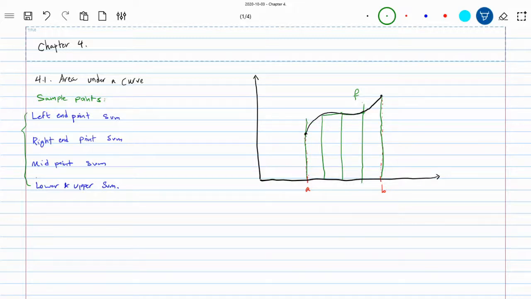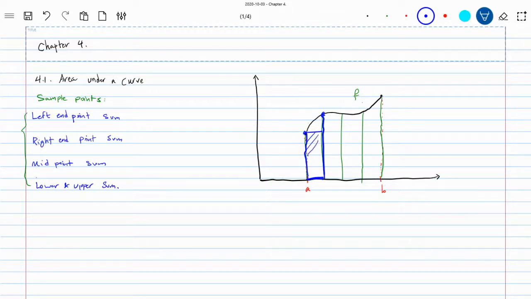One, the very easy one, is using the left or right endpoints. So let's say we've broken down this A to B into 4 pieces, and they ask you to use the left sample point. So in this first rectangle, I'm going to look at these two endpoints of the graph, and I'm going to choose the left point as an approximation.